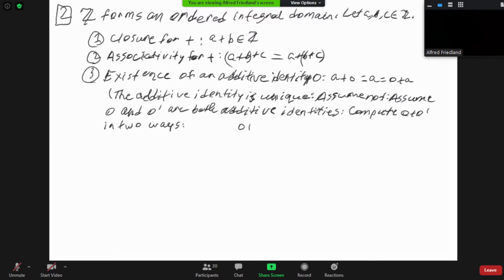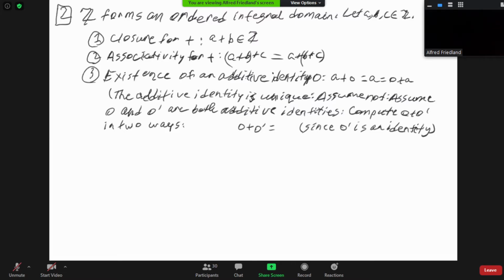So I've left some room, you notice. So 0 plus 0 prime, since 0 prime is an identity.